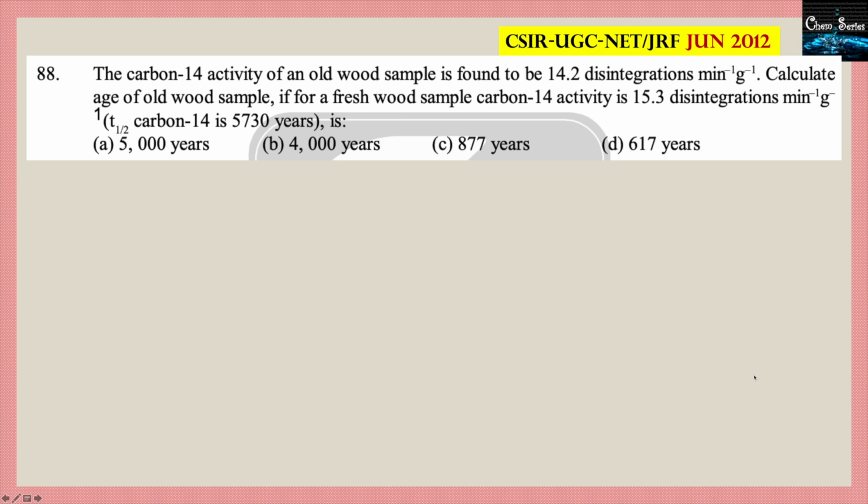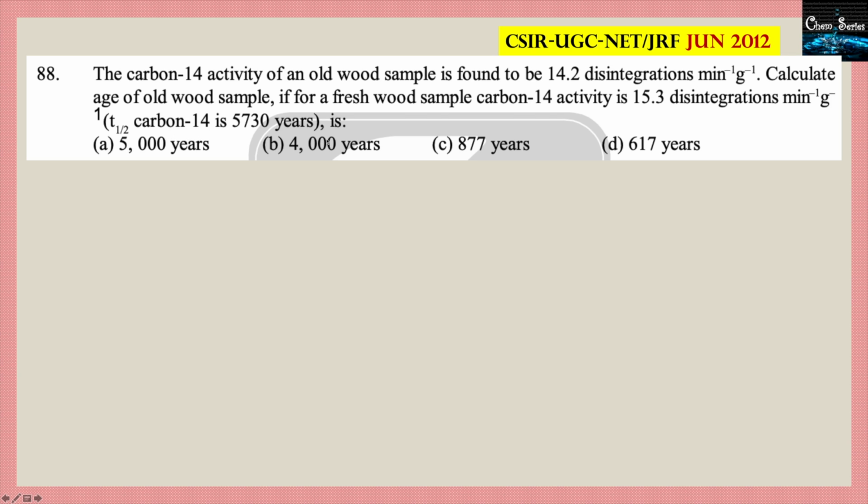Coming to the next question from June 2012. The carbon-14 activity of an old wood sample is found to be 14.2 disintegrations per minute per gram. Calculate the age of the old wood sample if for a fresh wood sample the carbon-14 activity is 15.3 disintegrations per minute per gram, and they have also given the t half of carbon-14 to be 5730 years.